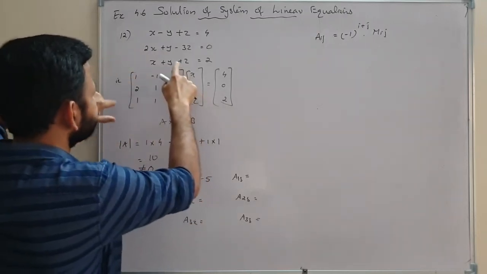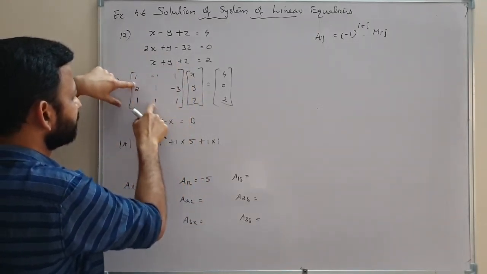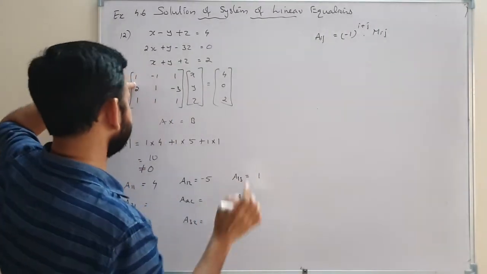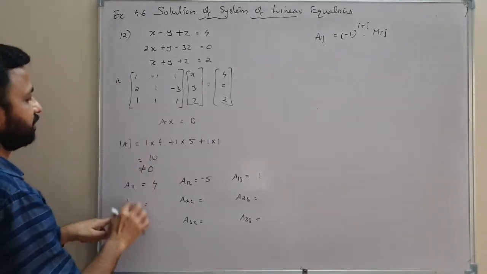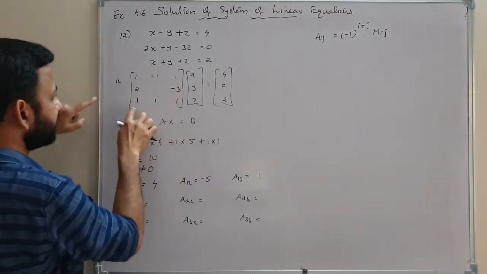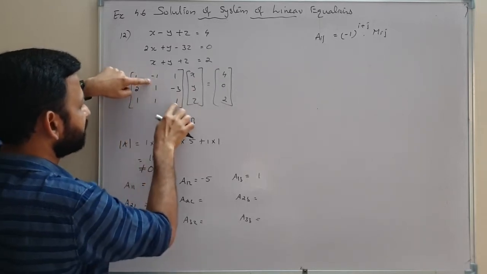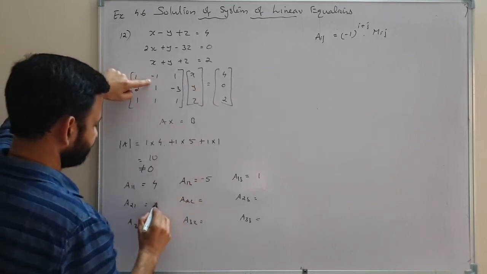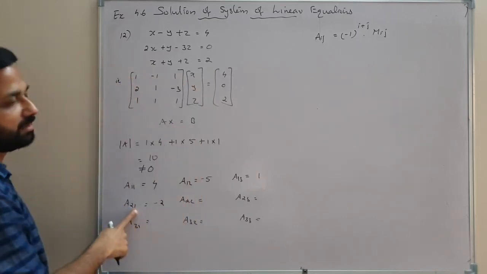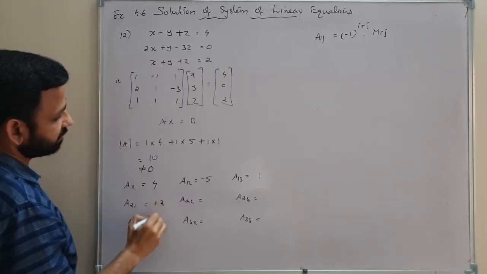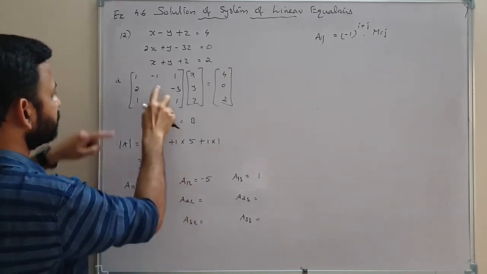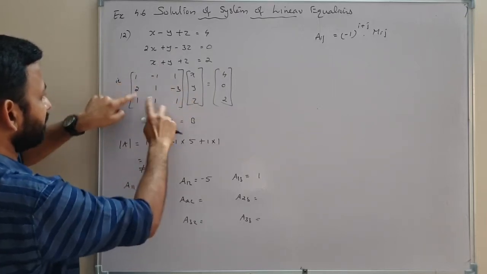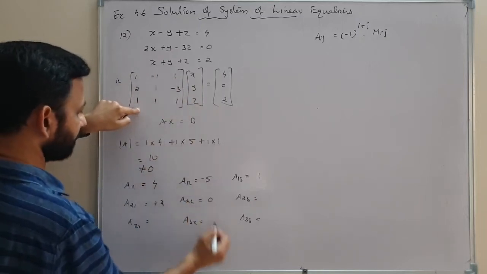Then A13, deleting, 2 into 1, 2 minus 1, that is 1, 3 plus 1, 4, an even number, so same. Then A21, this element, deleting, then minus 1 into 1, minus 1, minus 1, that is minus 2. Then 2 plus 1, 3, an odd number, so it will be plus 2. Then A22, this element, deleting, then 1 into 1, 1, minus 1 into 1, 1, 1 minus 1, 0.